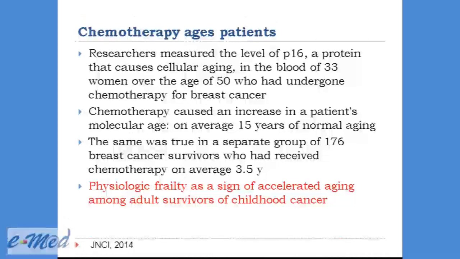It was evaluated in survivors of breast and other cancers. In breast cancer, it was 3.5 years of aging, and the most significant findings were in adult survivors of childhood cancer, where the premature aging was about 10 or more years.